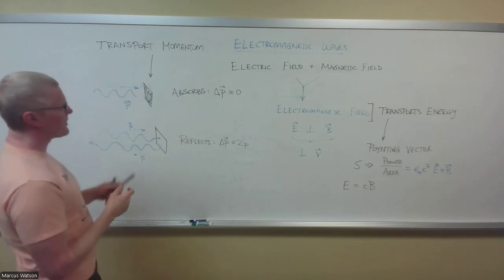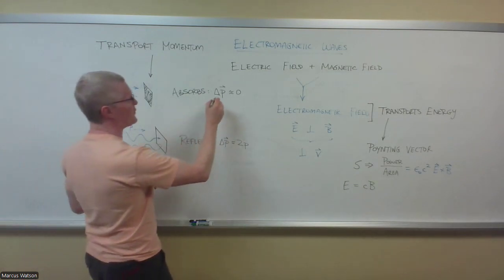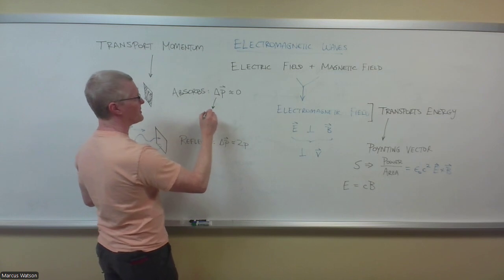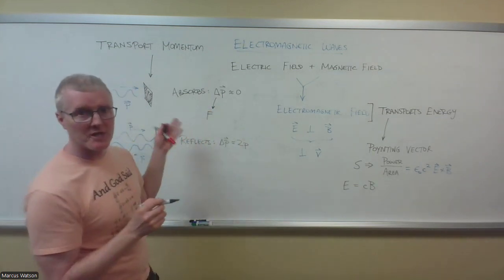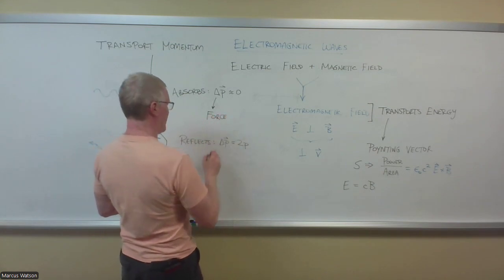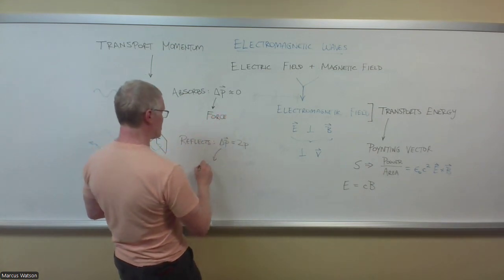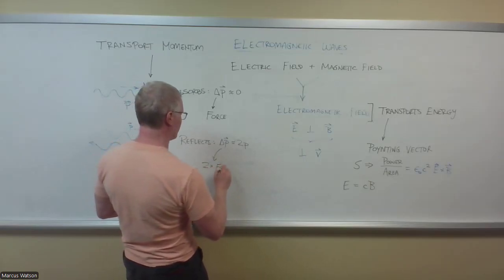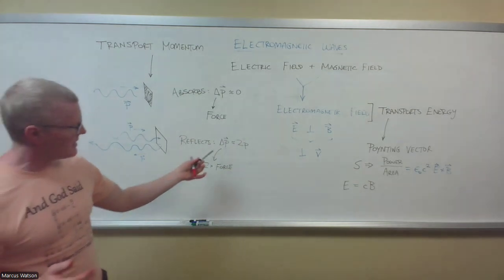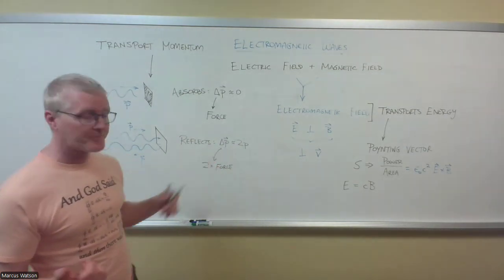Okay? So from this, by Newton's second law, this results in a force on the weather vane paddle. And this is going to result in twice the force on the weather vane paddle, because the force is related to the change in momentum.